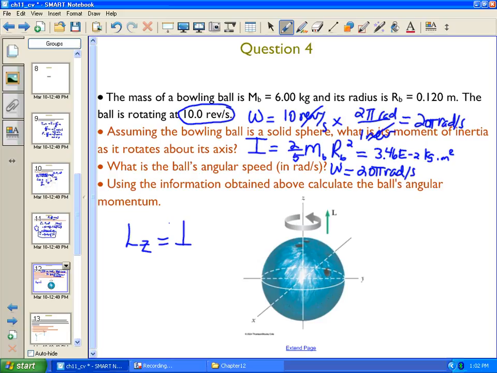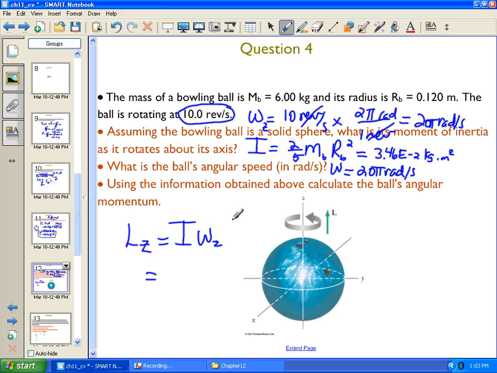And here it's merely given by I times omega, which, by the way, omega is also in the z direction. As you can see by the right-hand rule, when we take into account the rotation, fingers sweep out the rotation, the fingertips would be moving in a counterclockwise fashion, as indicated here, and the thumb would point straight up.